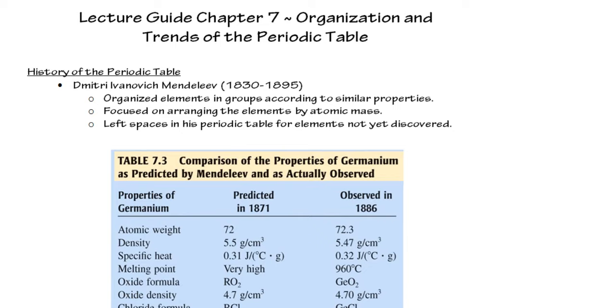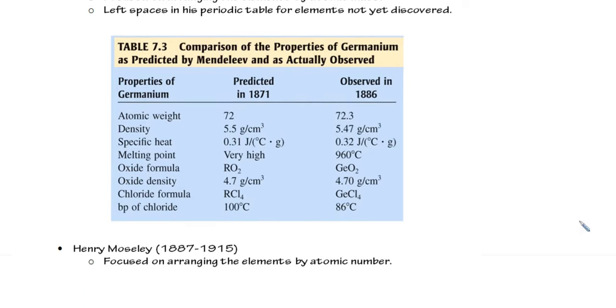But again, it's hard to predict exactly what mass we are looking for, because the atomic masses don't increase in steady increments. Henry Moseley focused more on atomic number. Atomic numbers do increase by 1. So if I noticed a gap on the periodic table, we have element number 108, we have element number 110, we can speculate that there's probably an element 109 that just hasn't been discovered yet, or maybe it hasn't been discovered in a stable state yet.